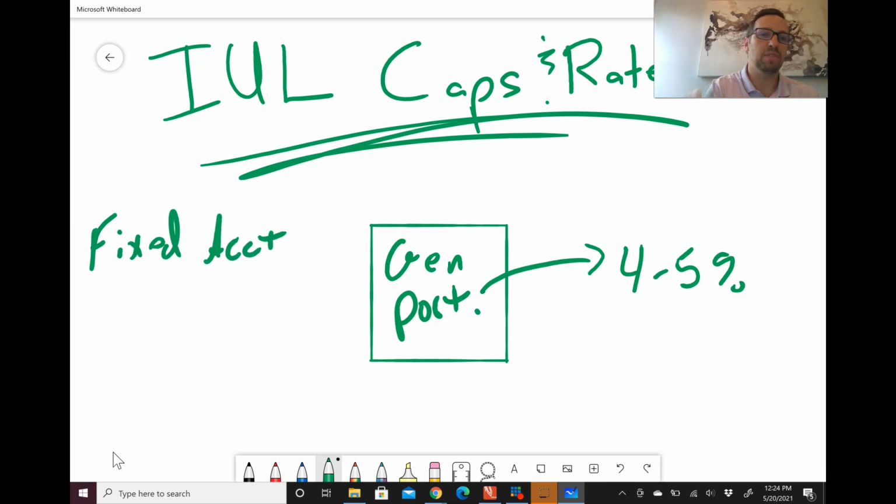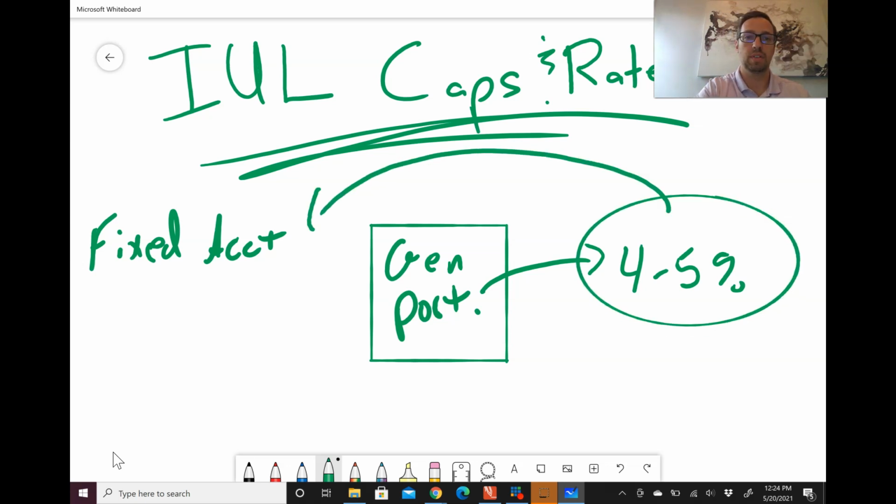If you've ever seen an indexed universal life insurance policy, they almost all have fixed accounts. Now what's interesting is the fixed accounts are almost going to mirror the general portfolio rate of return. So whatever the company is earning on its general portfolio, just to make it easy, they're essentially passing those earnings on to you in the form of the fixed account or the fixed rate. Now the fixed rate is declared annually.